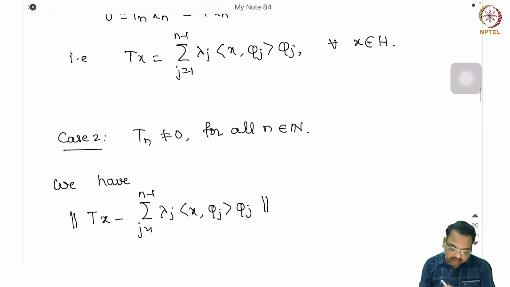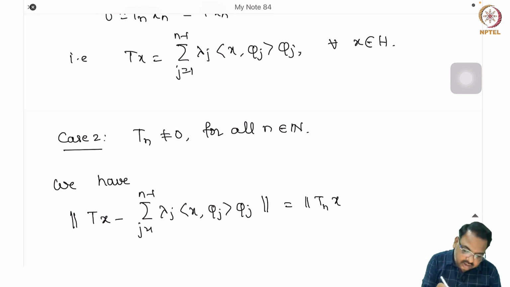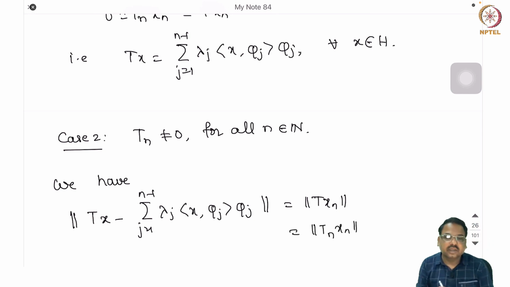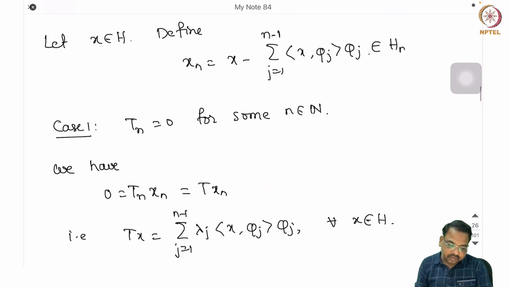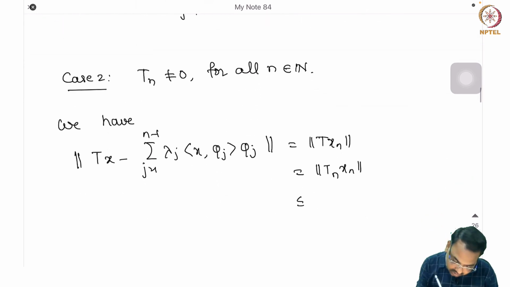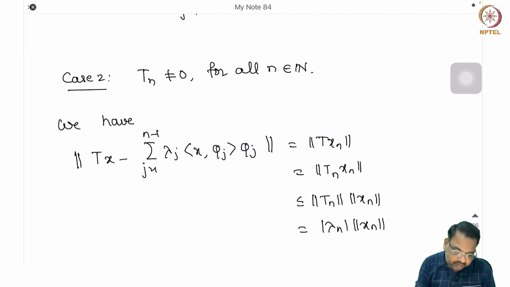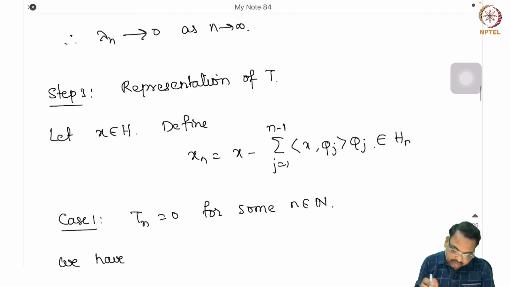The norm of this is nothing but the norm of T xn, and this is nothing but the norm of Tn xn, because xn is an element of Hn. Now this is less than or equal to norm Tn multiplied by norm xn, and this is mod lambda n into norm xn.